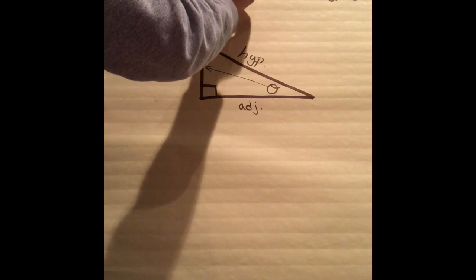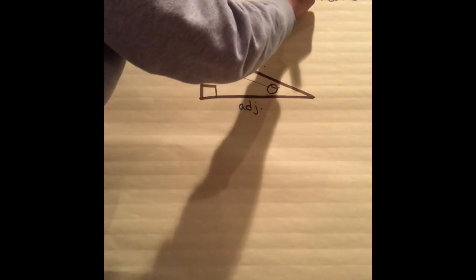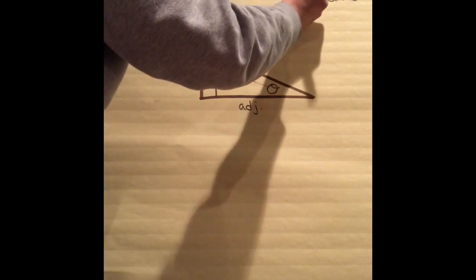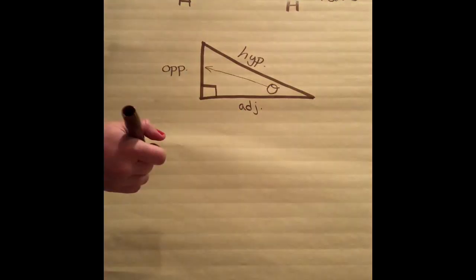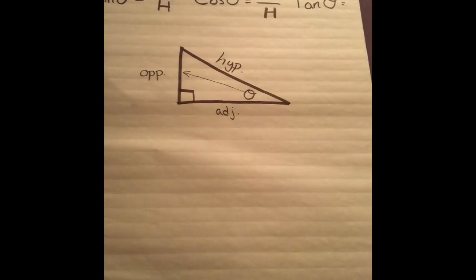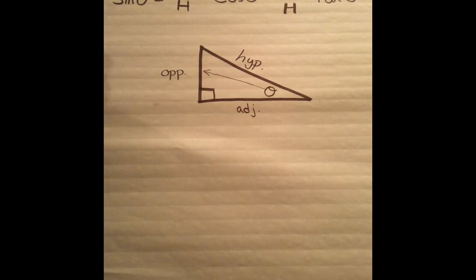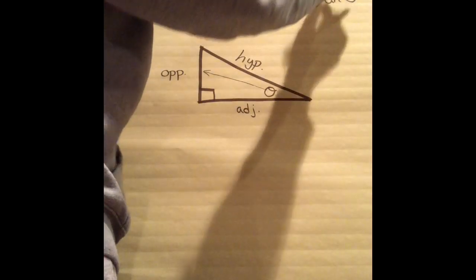It's the adjacent side over the hypotenuse, A over H. And this is all in your notes also. I just wanted to go over it with you. And then tangent is opposite over adjacent. I always think, okay, TOA, opposite over adjacent.